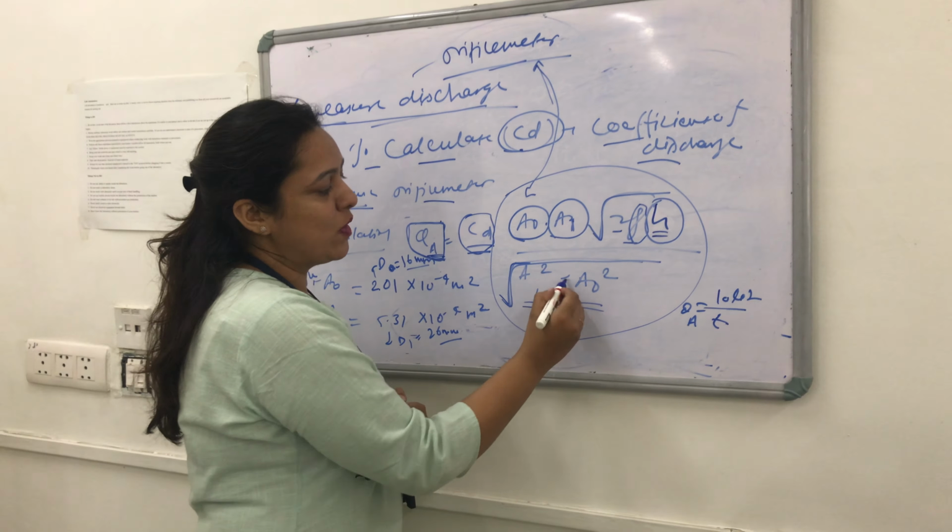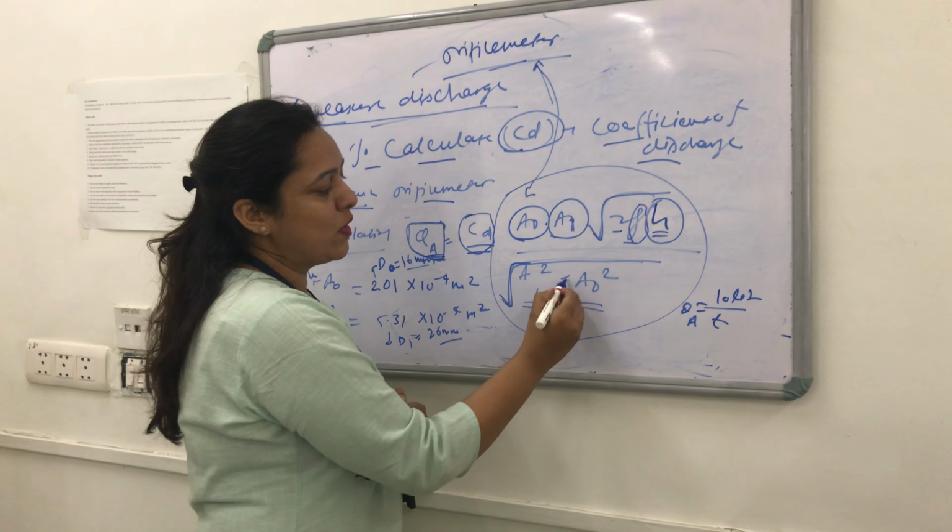Q actual is, as I told you, based on the time taken for filling the 10 liters of water. The time we have obtained in our case is 50 seconds. We are going to put this value over here, and with the help of that we will be finding the value of Q actual, and this Q actual upon Q theoretical will be giving you the value of CD.